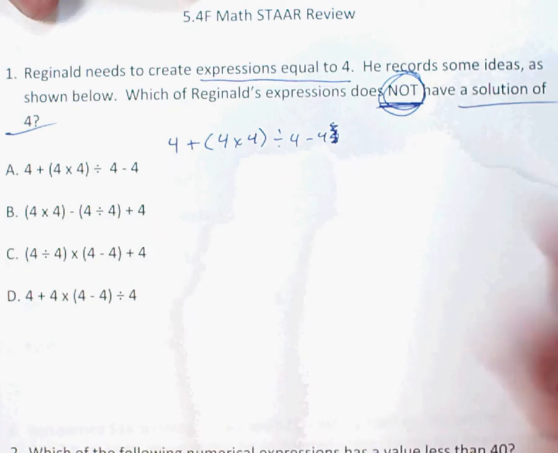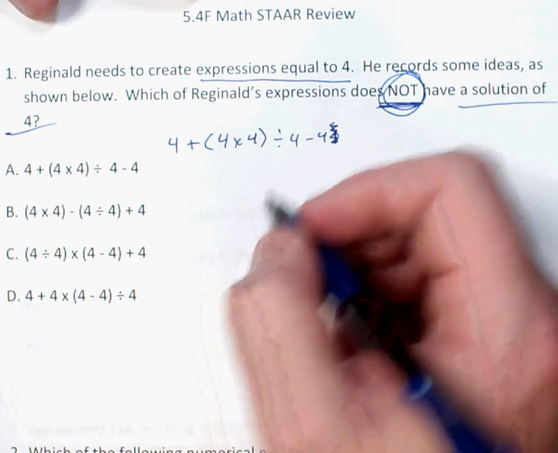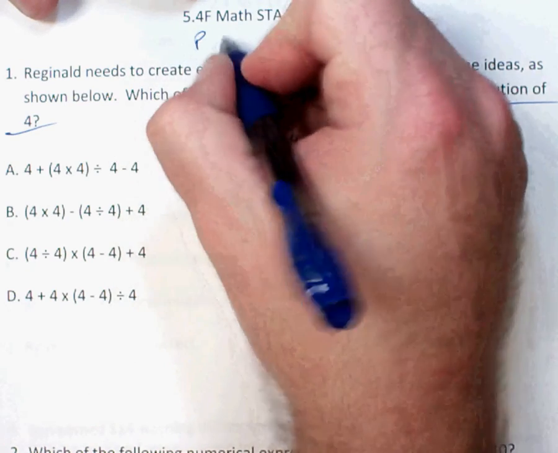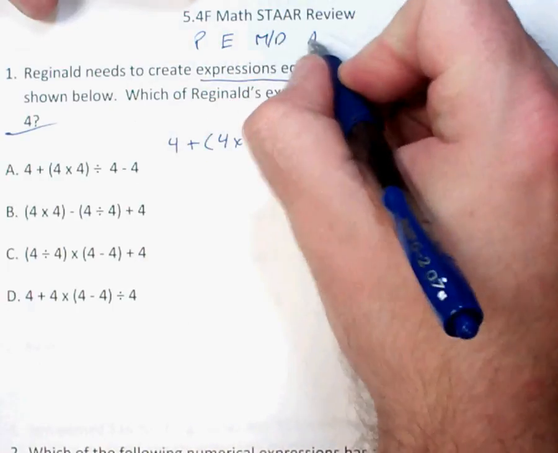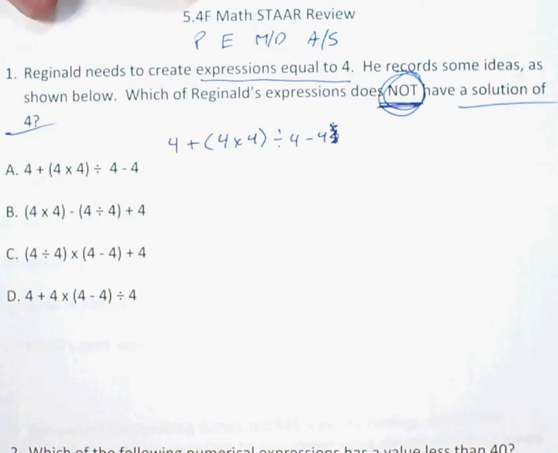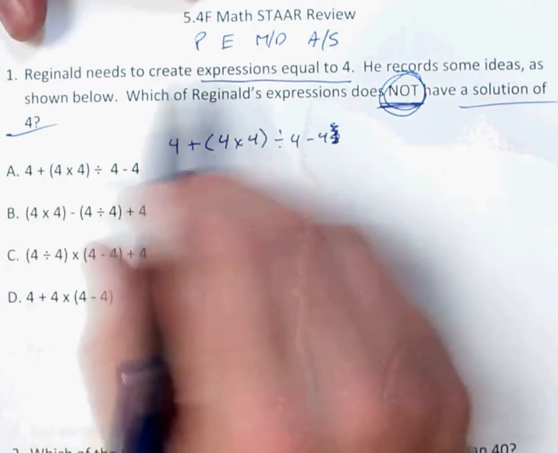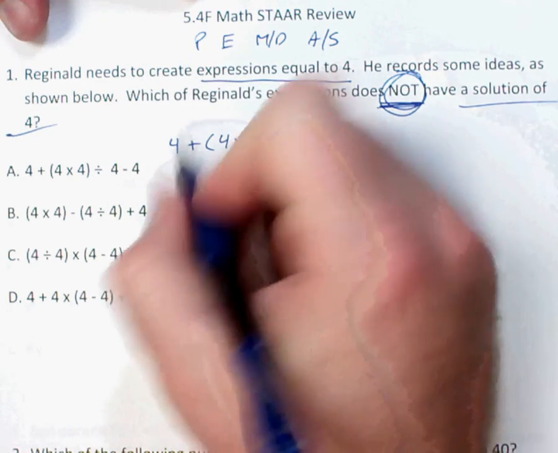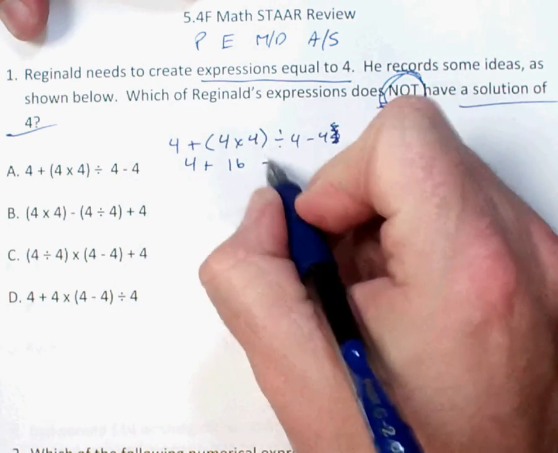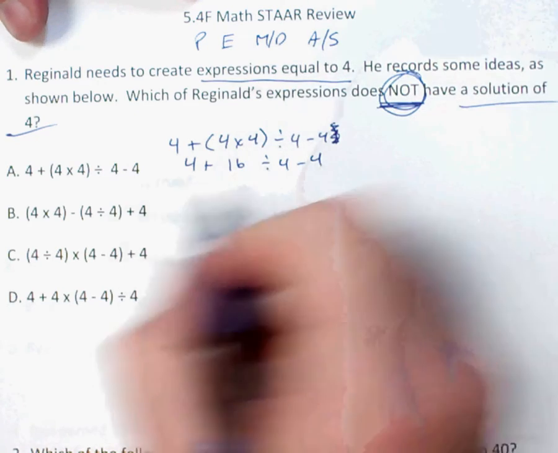So PEMDAS, which I'm going to write here for now. We may have to write it again so it's in the frame, but we'll keep that there for now. PEMDAS tells me I've got to do my parentheses first, so 4 times 4 is going to give me 16, and then I'm just going to rewrite the rest of the problem around it on that next line.